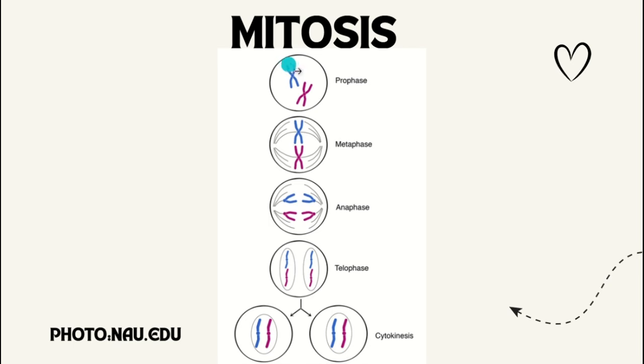And then you'd also see the centrioles. Let's just say centrosome, because the centrosome has the centrioles in it, and it's basically like a circle. The centrosomes are going to separate to the opposite ends of the cell.